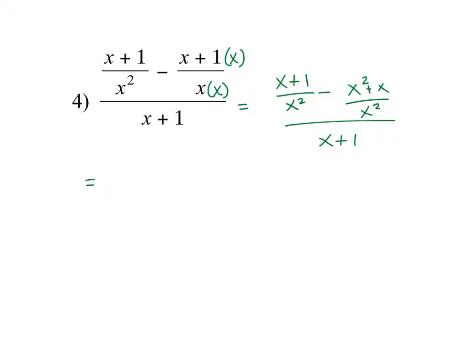So now I have x minus x is 0, right? And 1 minus, I don't have a like term with 1, and I don't have a like term with negative x, so I have negative x squared plus 1 divided by x squared, everything divided by x plus 1.